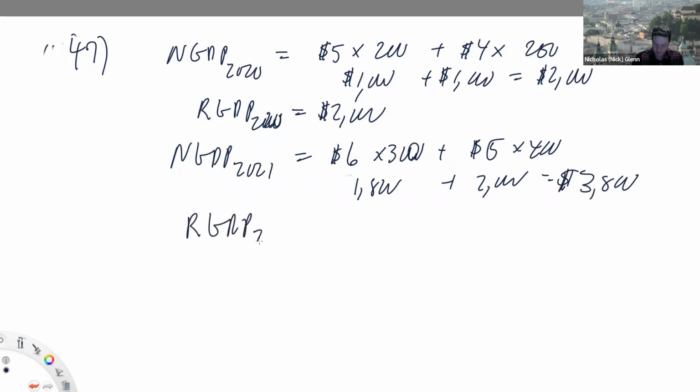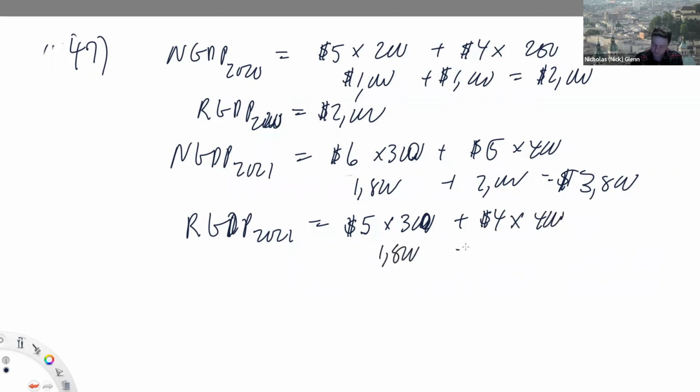Real GDP for 2021. Here we want to use the base year prices. Now in 2020 it didn't matter, they're going to be the same because you're using the same prices for both of them. But now we want to use the prices from 2020. So $5 for the popcorn times the quantity sold that year, 300, plus the price of soda from the base year 2020, which is $4, times the quantity sold that year.